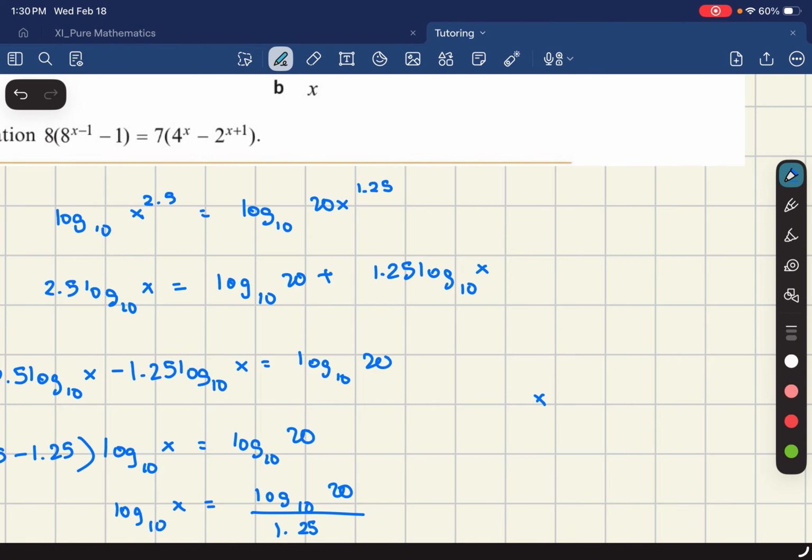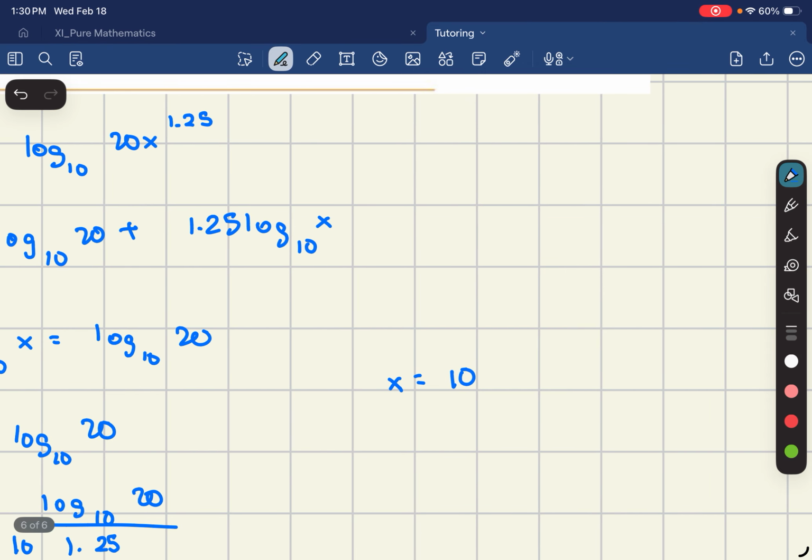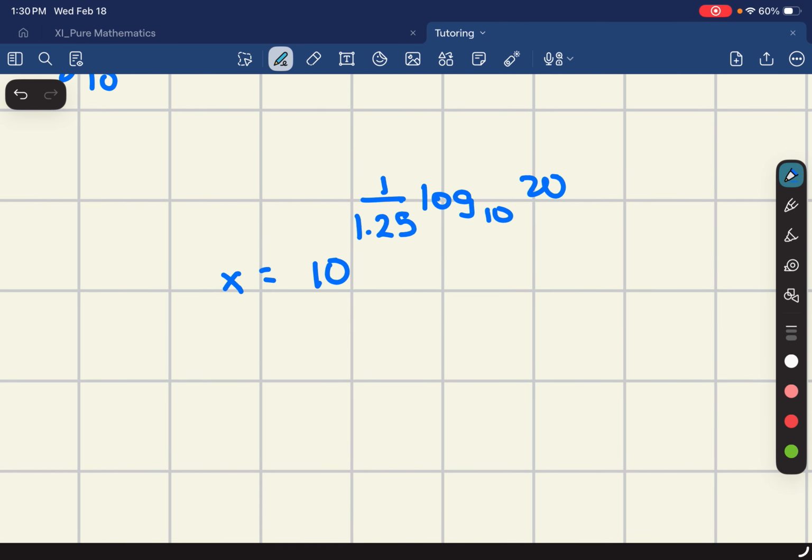And finally, x is going to be equal to, if I raise both sides to 10, 10 to the power of 1 over 1.25 times log base 10 20, because this is in the denominator. And there is a reason why I'm writing it like this, because this can be simplified further. So I can actually write it as 10 to the power of log base 10 of 20 to the power 1 over 1.25, right?